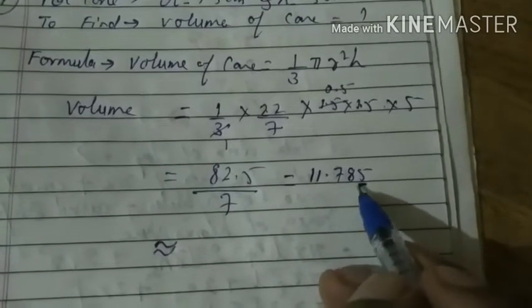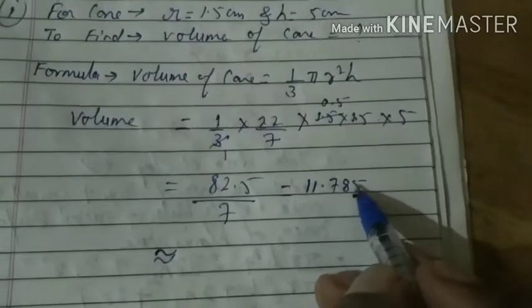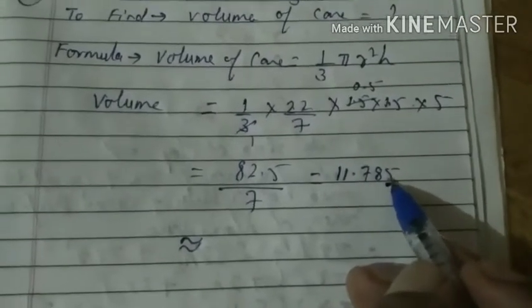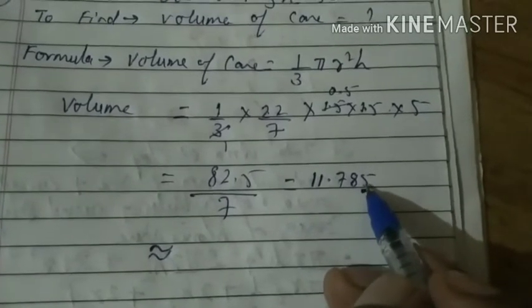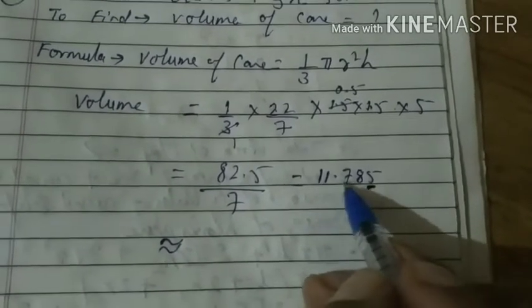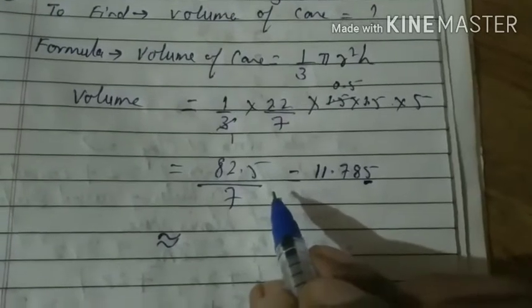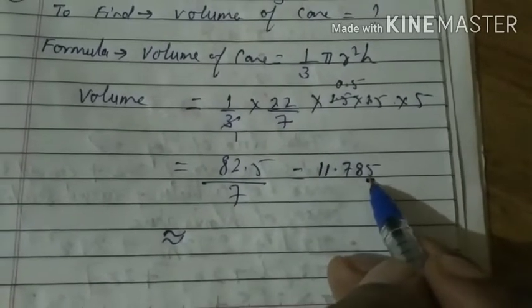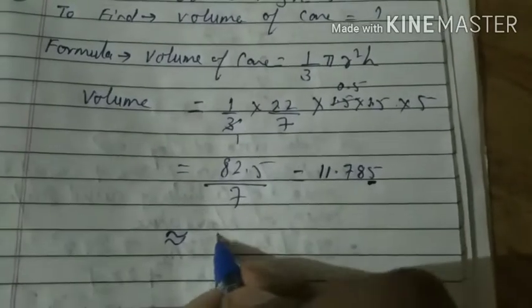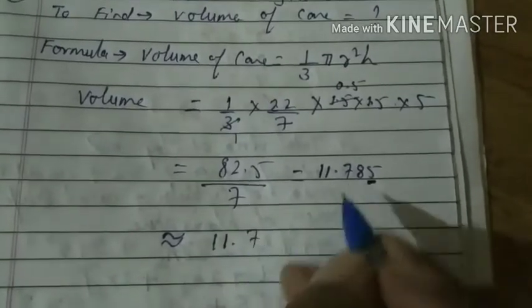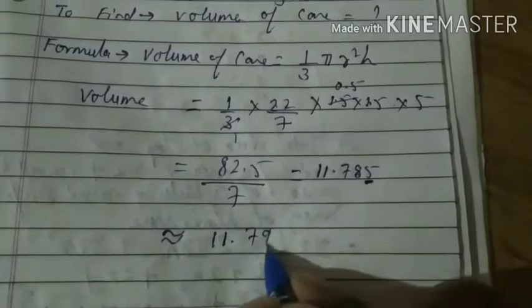So students, remember, if the third digit is 1, 2, 3, 4, you have to write 11.78 as it is. But if it is 5, 6, 7, 8, 9, then in place of 7, 8, I will write 7, 9.